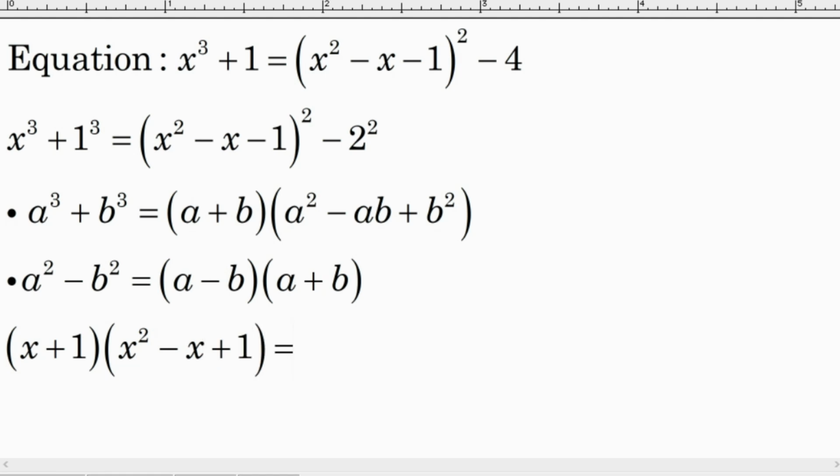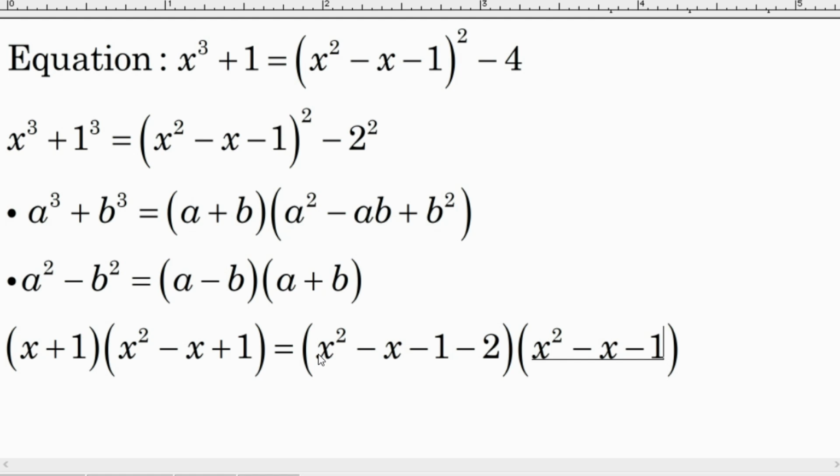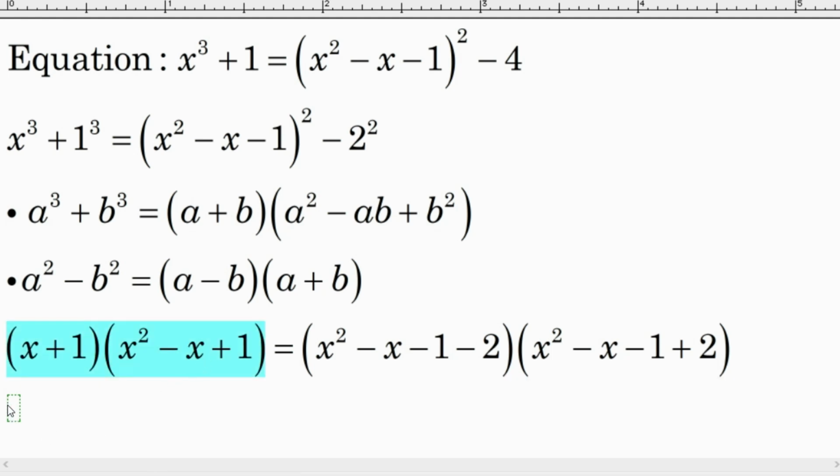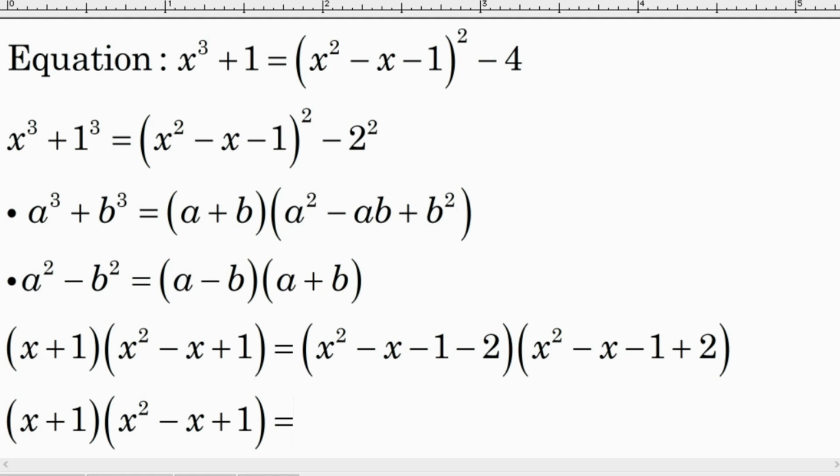On the second side, I expand it in the form of (a minus b) factor (a plus b), where this one stands for a and 2 stands for b. So we get a minus b, which is this one minus 2, and the factor this one plus 2. I keep the first side the same.